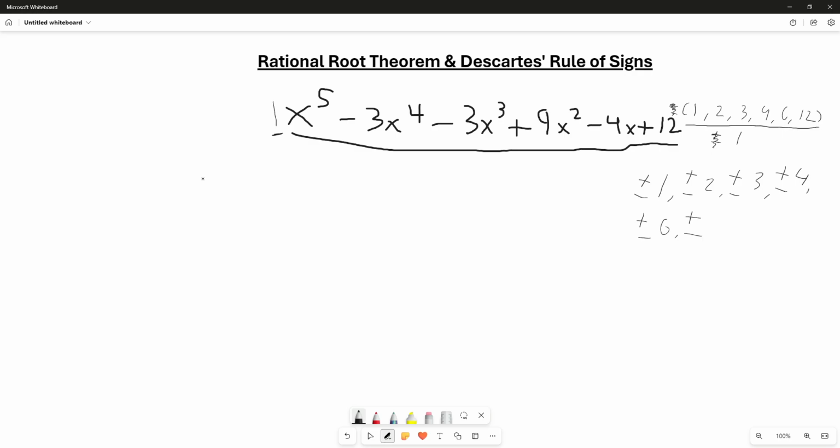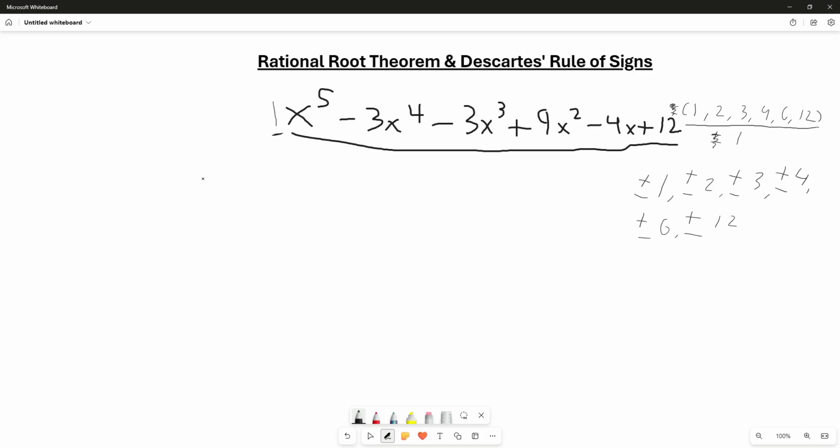Now, chances are it is probably not going to be whatever the largest one is. It can be. I'm not saying it's completely out there, but chances are it's probably not going to be this one. So I wouldn't guess this one first.